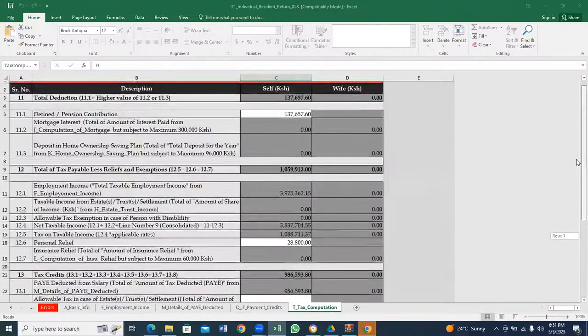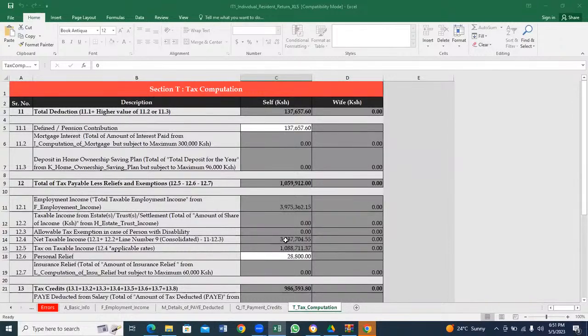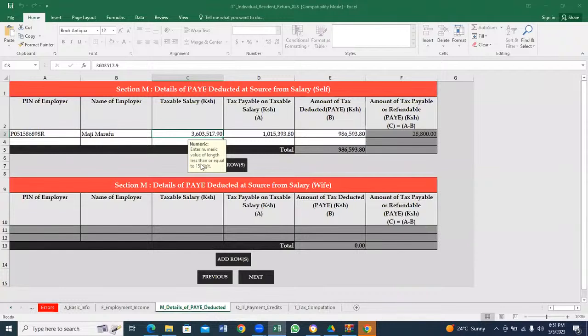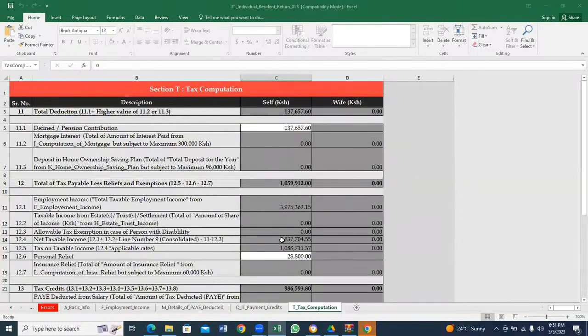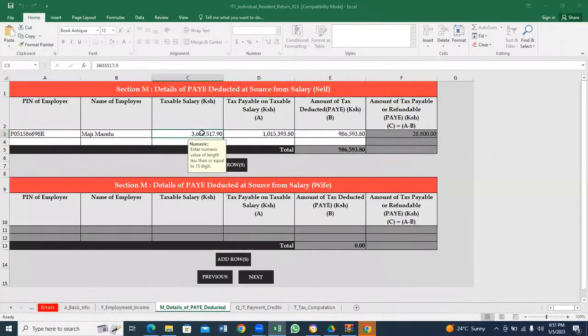So the system is still adamant on the 3.8, because here the system cannot understand how come now my taxable salary moved from 3.8 to 3.6. So I have to come and explain why my taxable salary moved from 3.8 to 3.6.